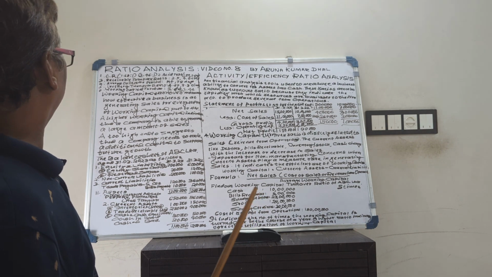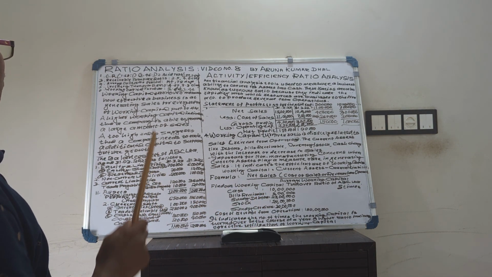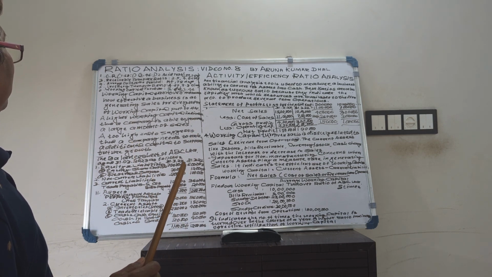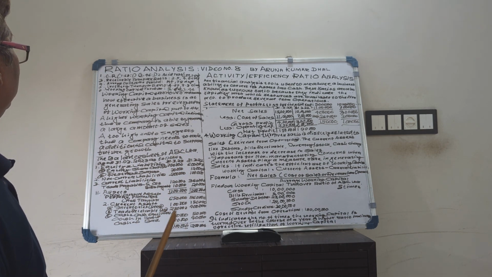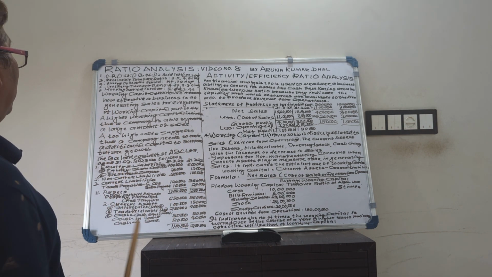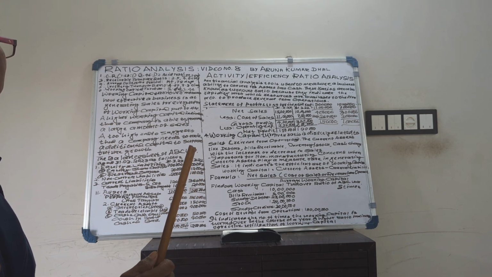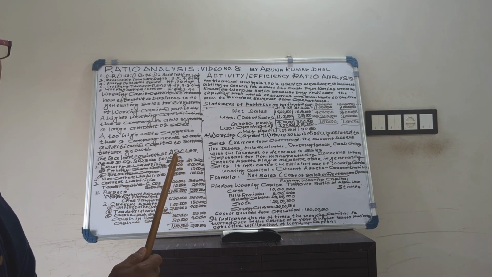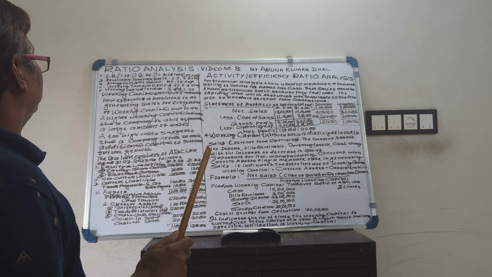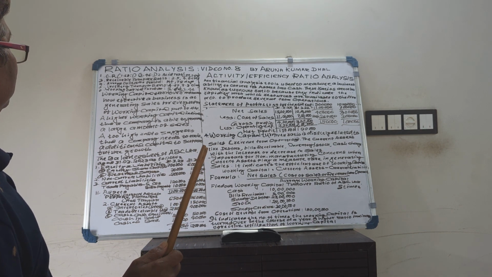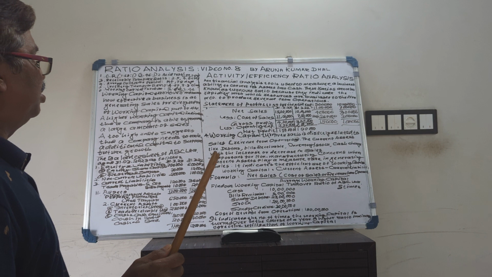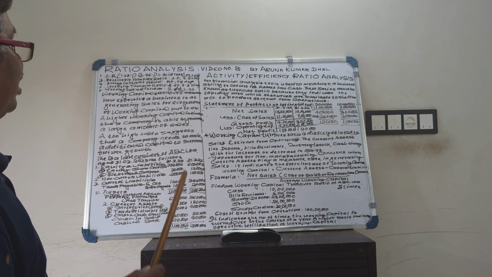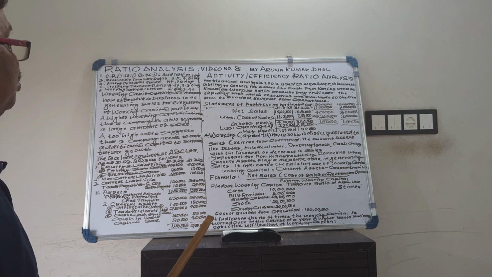That means we have calculated the receivable turnover ratio, average collection period ratio, then inventory turnover ratio, then average repayment period or creditor velocity ratio, or payables velocity ratio. In this video, we will discuss the working capital turnover ratio.